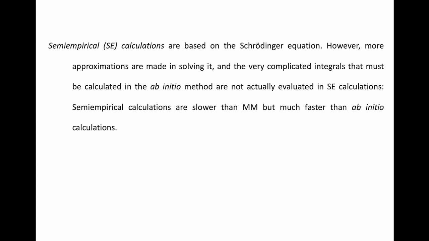In both methods, the properties, energy or wave function of a molecule are calculated based on the Schrodinger equation using integrals and approximations. Compared to ab initio, in the semi-empirical method we calculate fewer integrals. That's why semi-empirical calculations are faster than ab initio calculations.